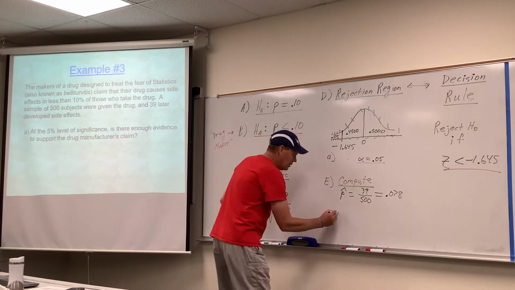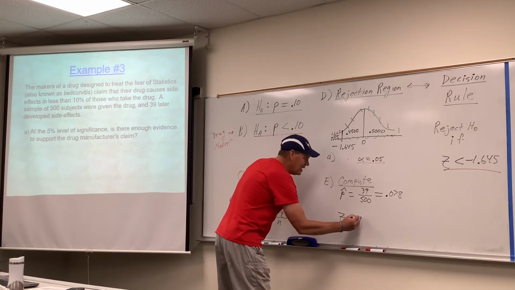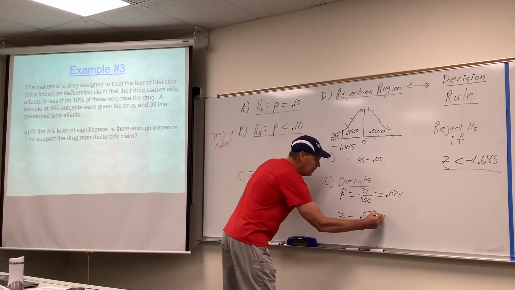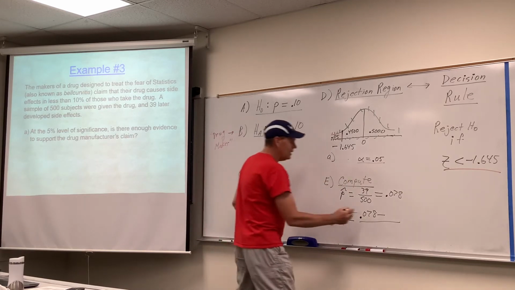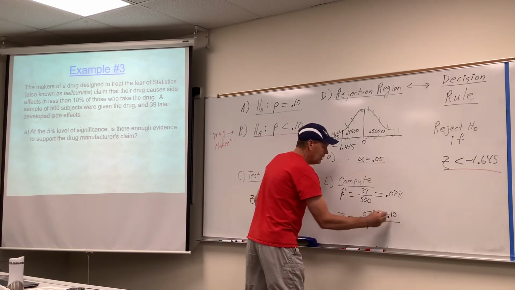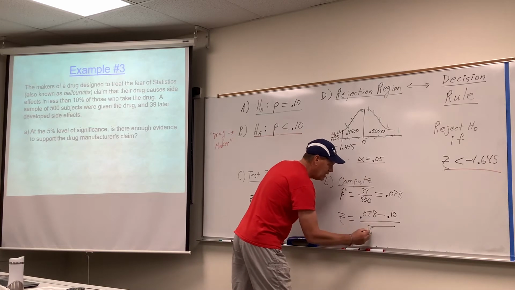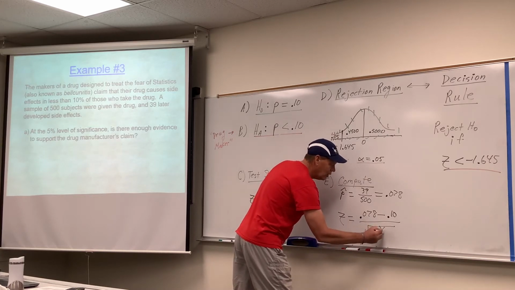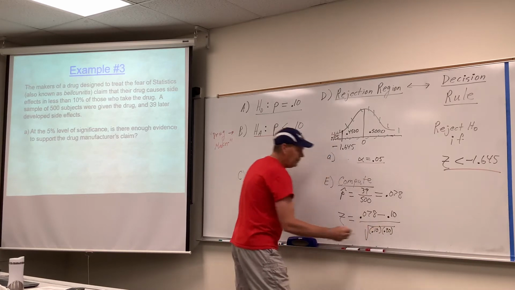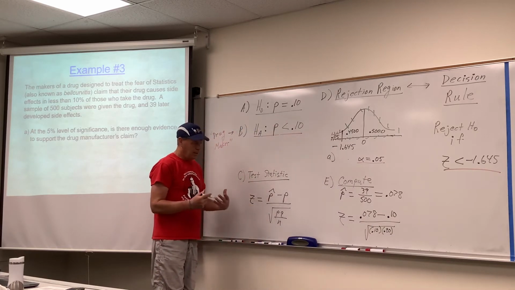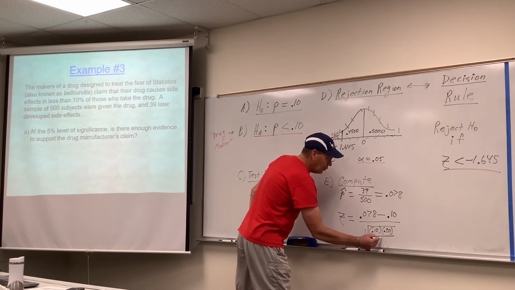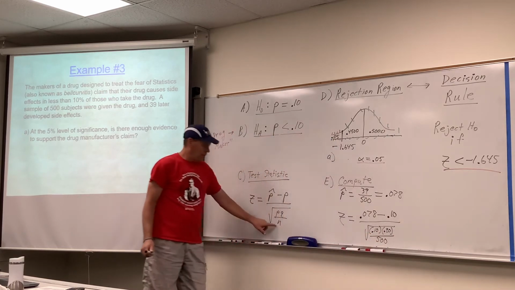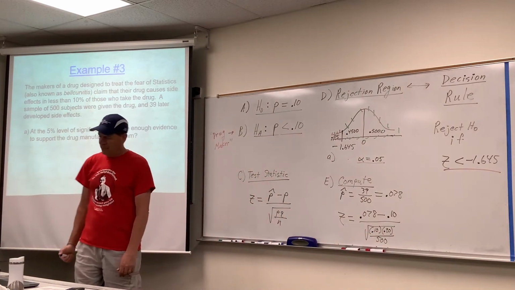So, Z equals P hat, the percentage we observed in our sample, minus P, 10%, over the square root of P, 10%, Q, 90%, P and Q, right? Over the fact that we sampled 500 people. Remember, N is always sample size.